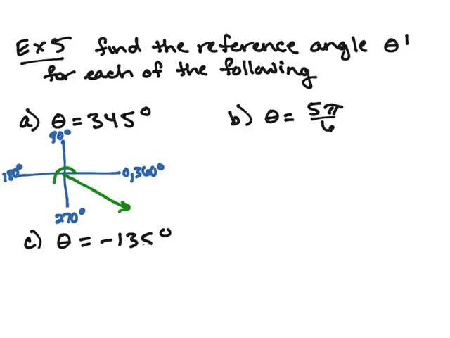So my real theta starts at 0 and goes all the way around to there. But my reference angle is going to be right there. So I need to figure out between 360 and 345 how many degrees are left. Well, so we're going to say 360 degrees minus 345 degrees is equal to 15 degrees. That's my reference angle.